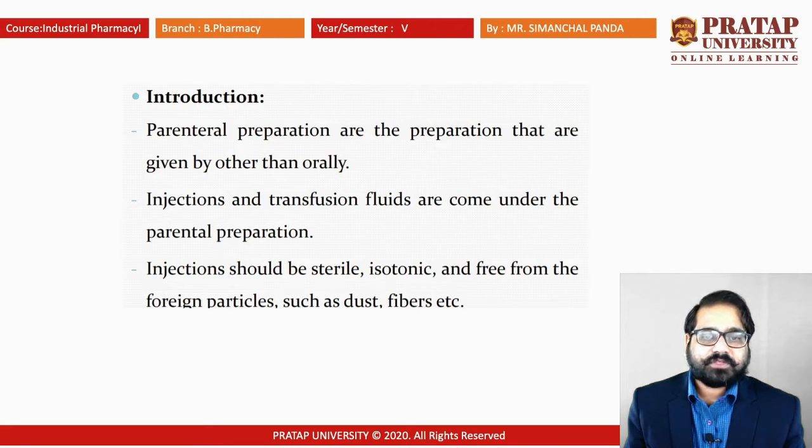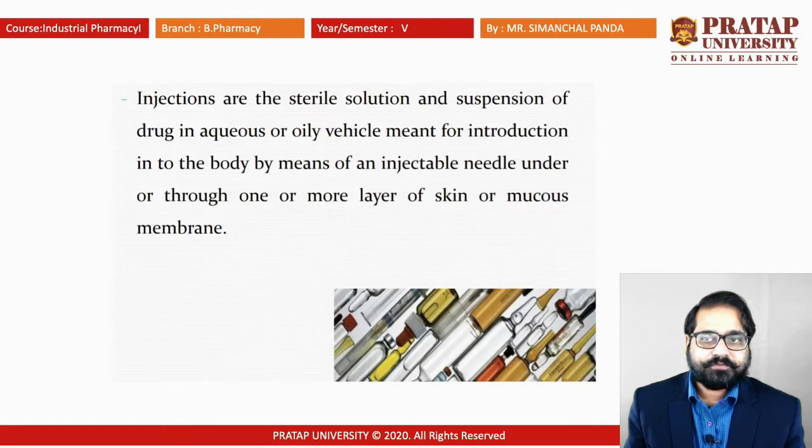So RBCs may be destroyed. In order to avoid that, we can go for neither hypertonic nor hypotonic. So we have to make an equal osmotic pressure, equivalent to 0.9% sodium chloride weight by volume in water, which is known as an isotonic solution, and it must be free from foreign particles.